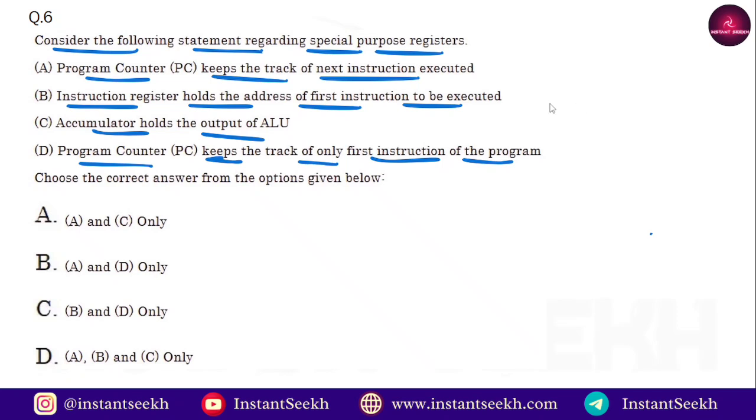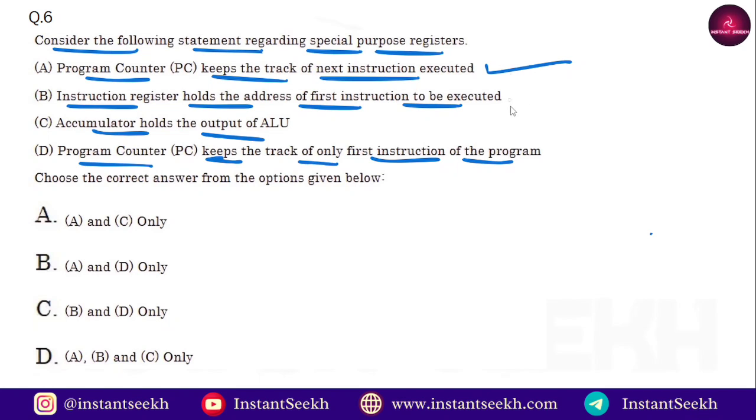If you see, PC keeps the track of next instruction to be executed. Yes, this is the correct statement. PC acts as the next iterator, from where the next instruction will be fetched or executed. So this statement is correct.